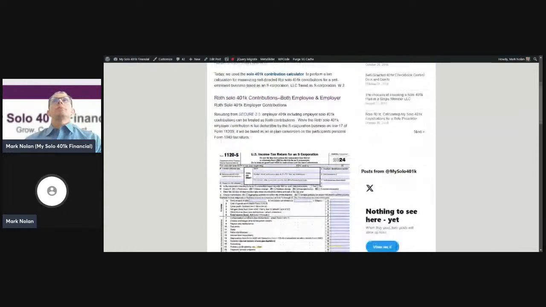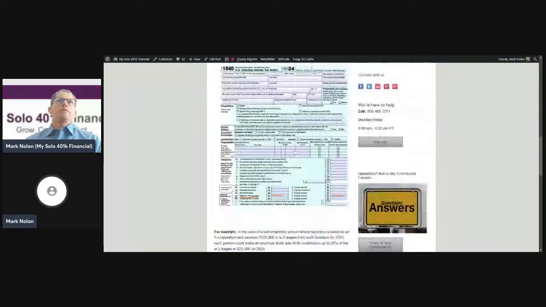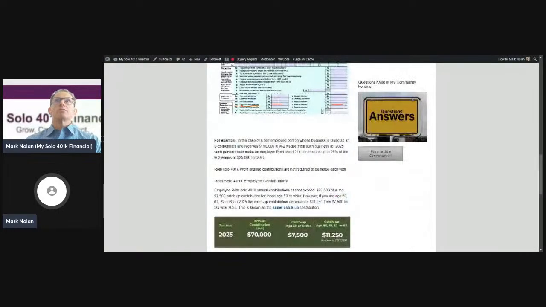For example, if you pay yourself $100,000 of W-2 wages for tax year 2025, because your self-employed business is an S-corporation or an LLC taxed as an S-corporation, you're going to be able to contribute 25% of $100,000 as an employer Roth solo 401k contribution.